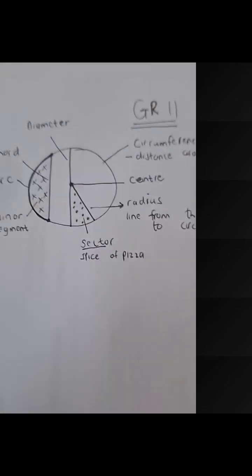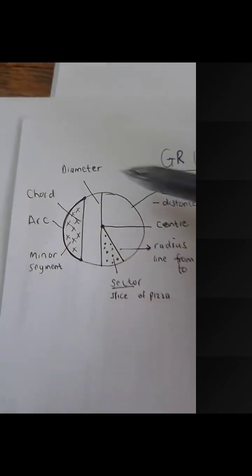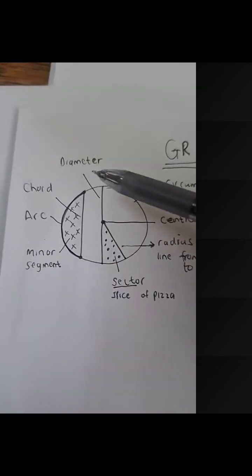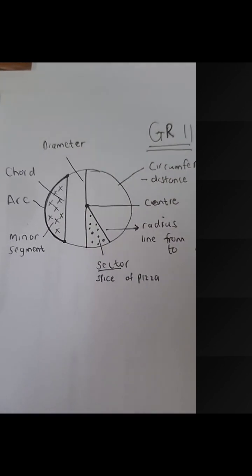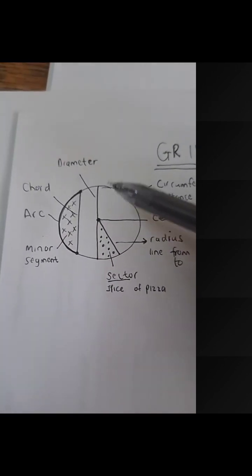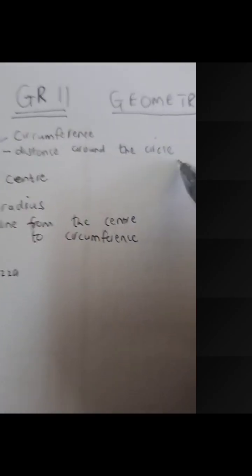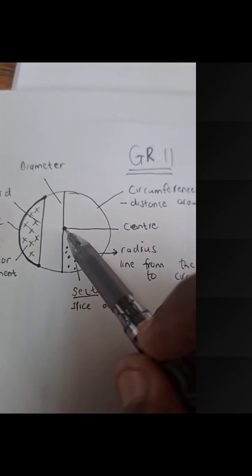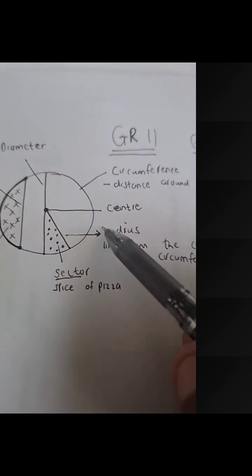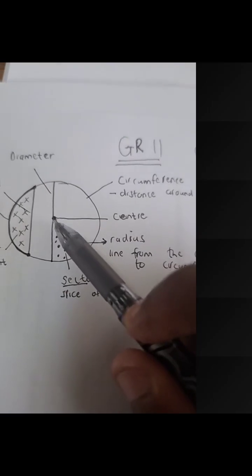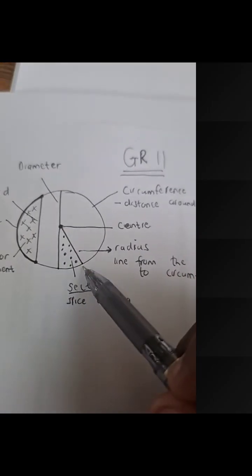So as I was explaining, guys, we need to know these basic fundamental aspects of the circle. We need to know the diameter, we need to know what the center is. Circumference is the distance around the circle. Your center is basically your middle point, all right? Your radius is your line from the center to the circumference.